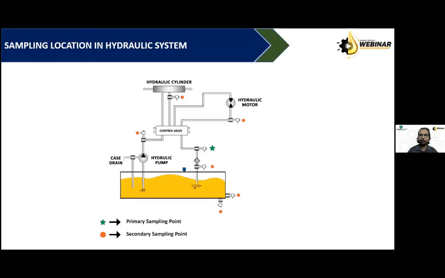If we take sample from the bottom, we have marked here with the red dot, those sampling points are not advisable at all, because heavy contaminants will settle at the bottom, water will settle at the bottom. So the sample will not give you the exact condition of the oil. So it is good to take sample from the return line.